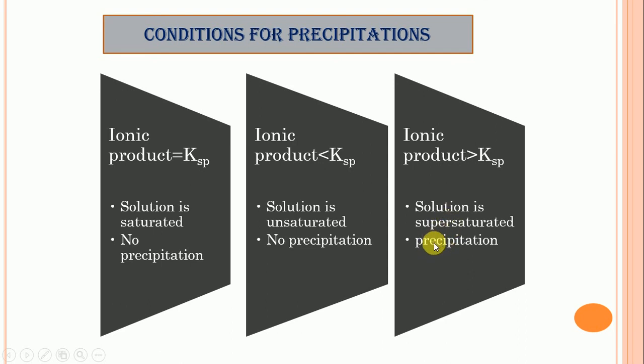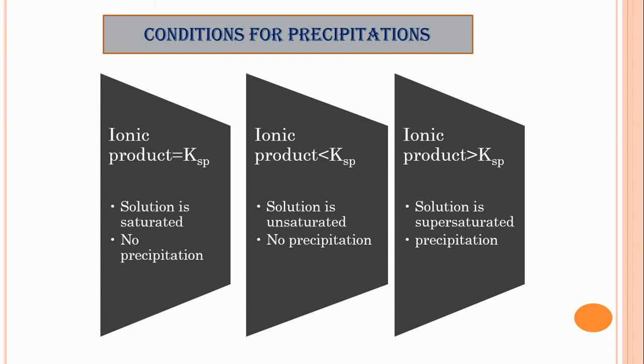This is the most important condition for precipitation. So when ionic product is equal to Ksp or less than Ksp, precipitation does not occur. But when ionic product is greater than Ksp, then only precipitation occurs.